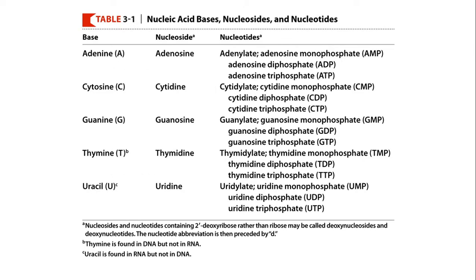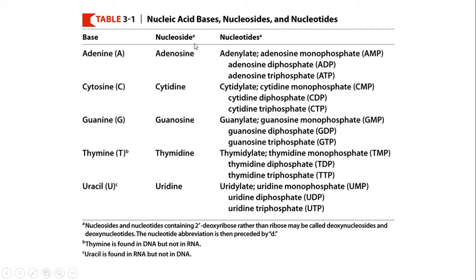Here's more terminology for nucleic acids, nucleosides, and nucleotides. And I'm only going to run through the nucleotides briefly. Adenine, cytosine, guanine, thymine, uracil. So these are the 5 bases that are found in DNA and RNA.